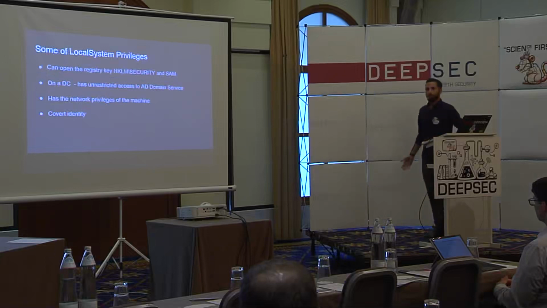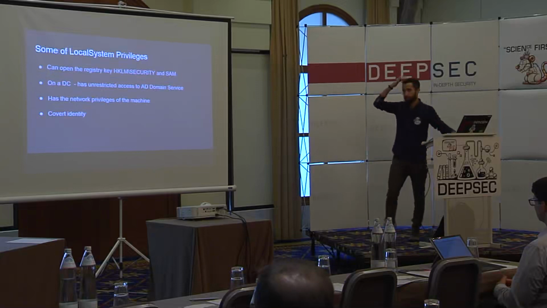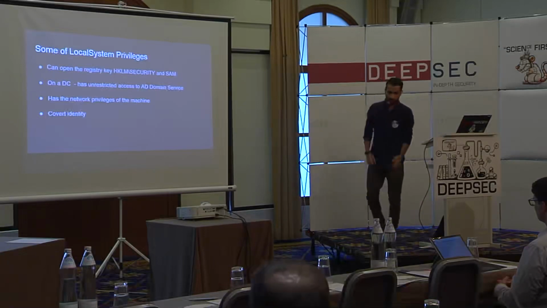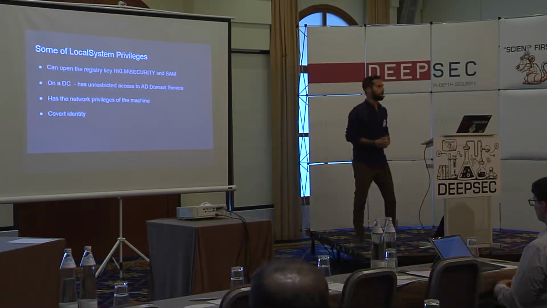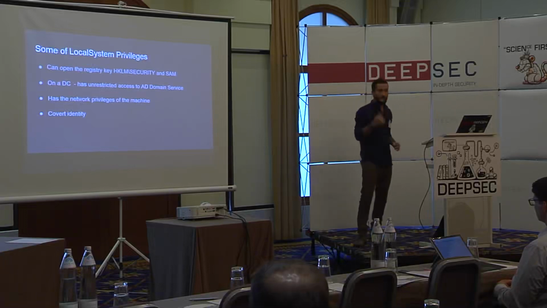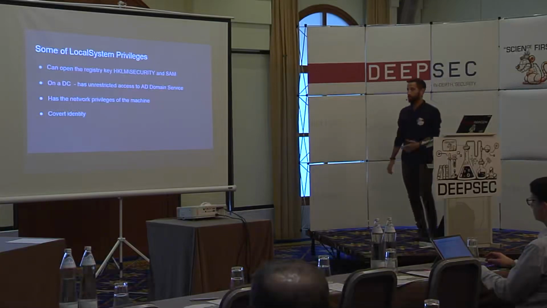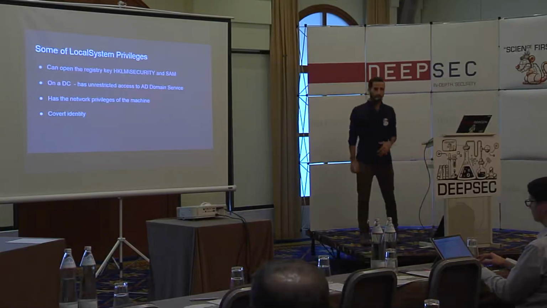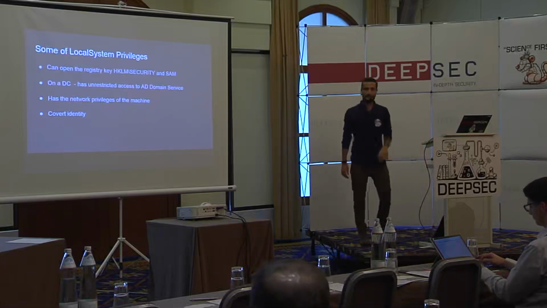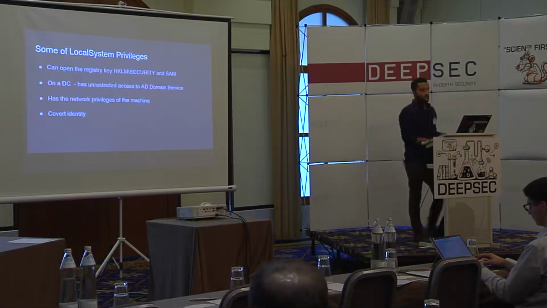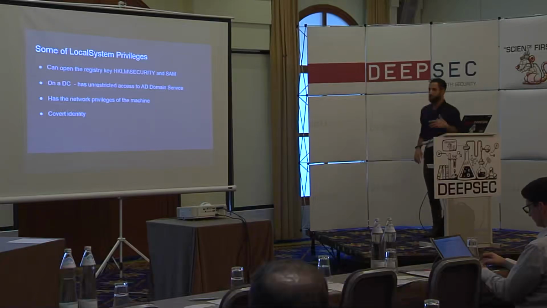Why from the first place would I want to have SYSTEM privileges? There are many reasons. These are some of them. It can open registry hives that are not available for an administrator to open, such as SECURITY and SAM. This is where your NTLM hashes are stored. If it is run on a DC, it can get unrestricted access to the Active Directory Domain Services, and it can operate and identify itself as the machine itself.